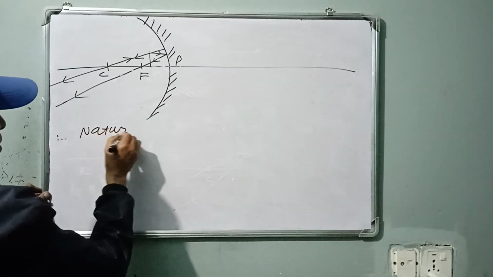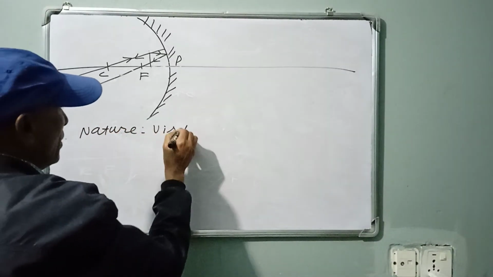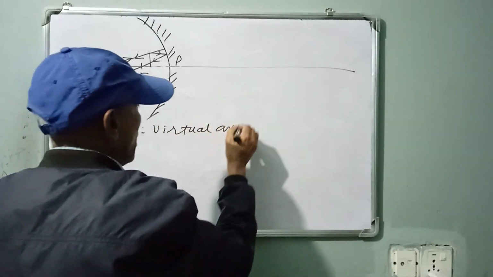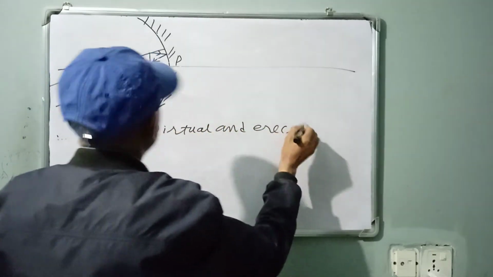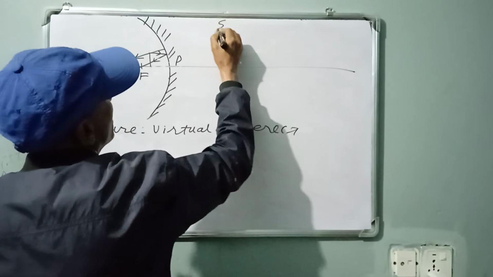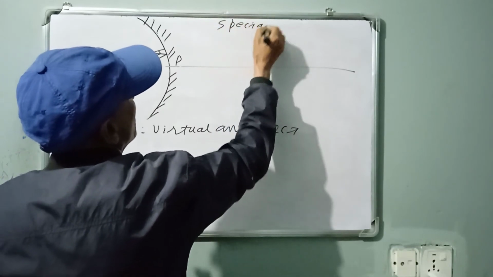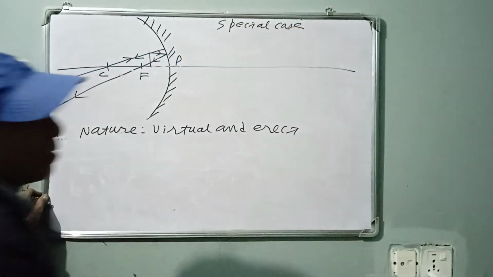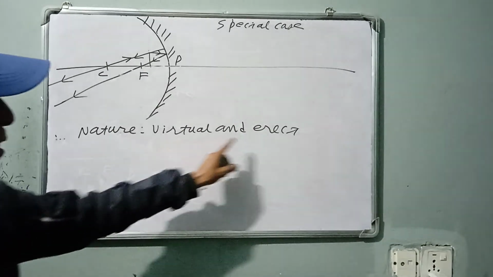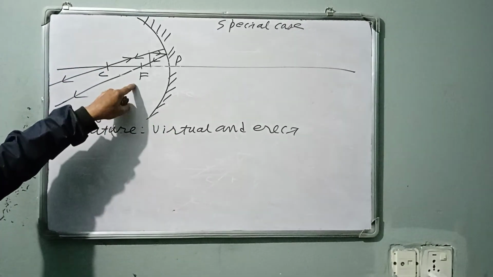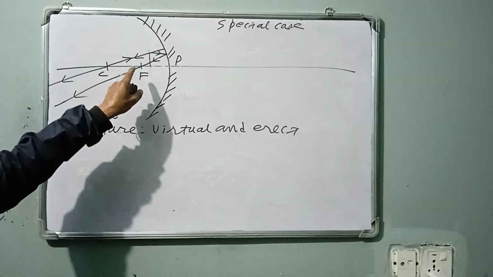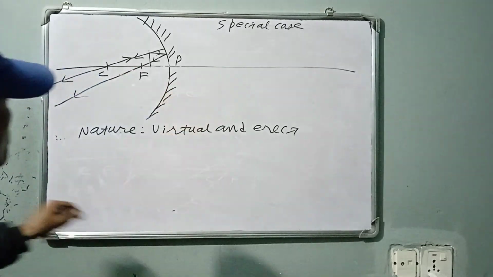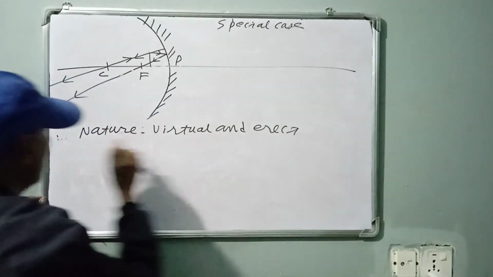Nature is virtual and erect. You write down, this is a special case. A concave mirror forms a virtual and erect image when an object is placed between focus F and pole P.